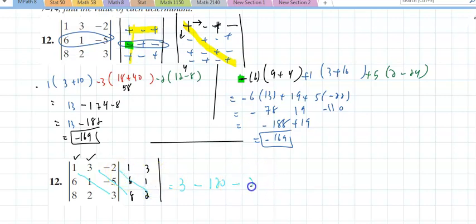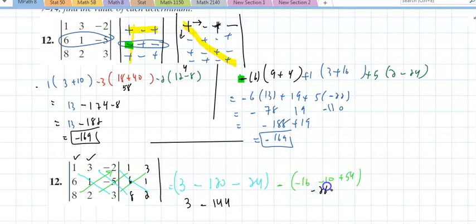Minus 24, subtracting off the other direction, negative 16 minus 10, 9 plus 54. I know those are hard to see, I'm sorry about that, but this would be 3 minus 144.